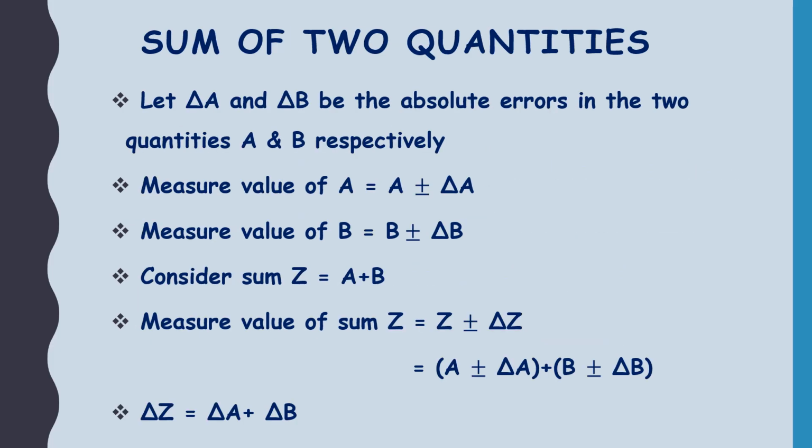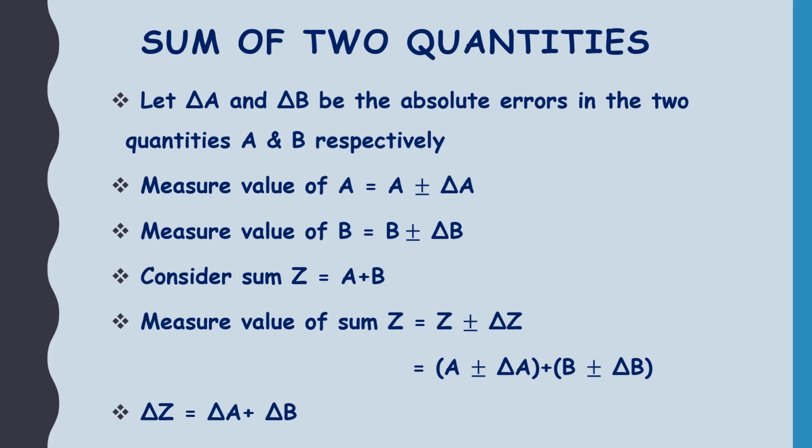Error in the sum of two quantities. Let delta A and delta B be the absolute errors in two quantities A and B respectively. Now the measured value of A can be written as the true value, that is A, plus minus the absolute error.